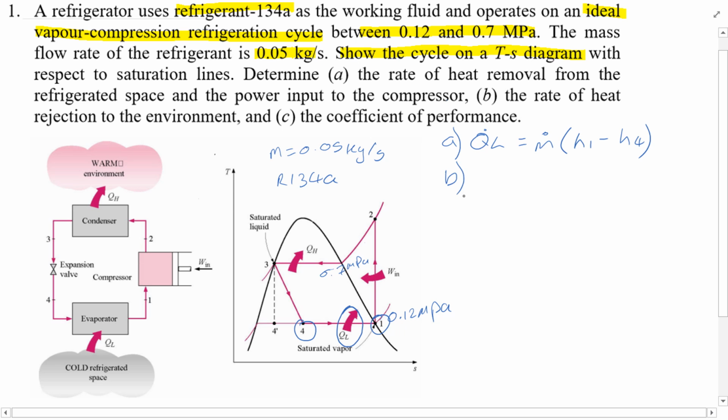For part B, we're interested in the power input to the compressor. So we're interested in the change of enthalpy between points 1 and 2. So the work input is equal to the mass flow rate times (H2 minus H1). As a result, we're interested in the values H1, H2, and H4.